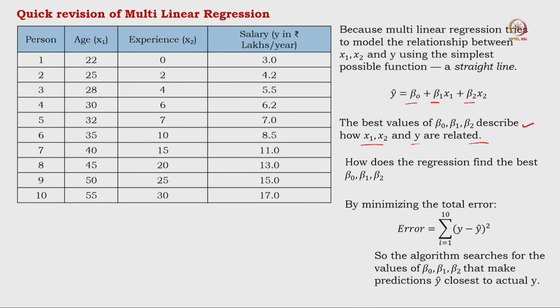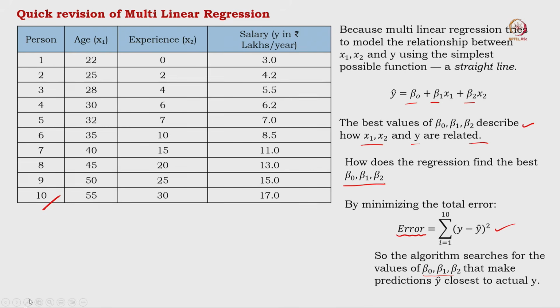Now, regression has to find the best possible values. How does regression find them? By minimizing this mean square error. We have written the formula with 1 by 10 because there are 10 such samples. By minimizing this error, we get the best possible values of beta naught, beta 1 and beta 2.